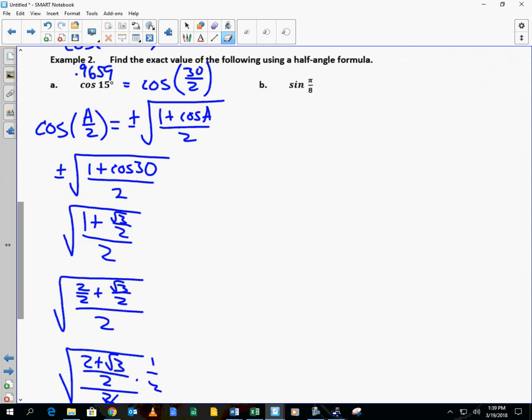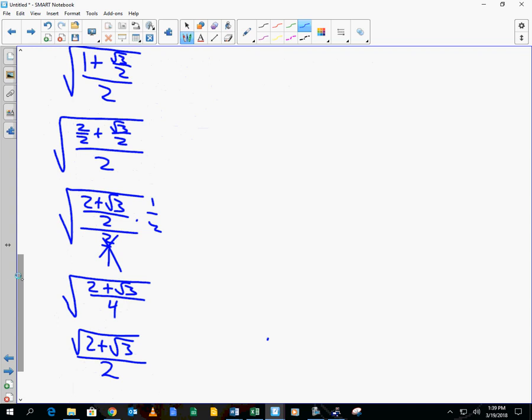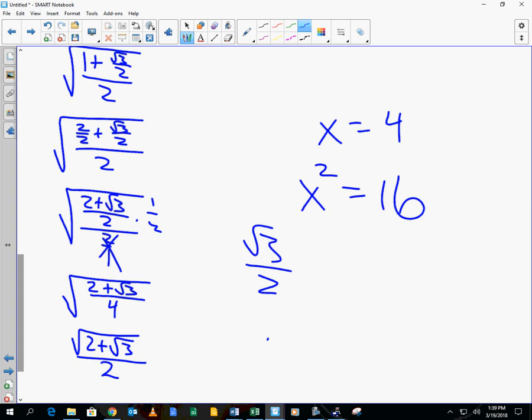Okay, here we go. No, you can't square. You got nothing to square. Oh my goodness, you guys, you're losing all sense of mathematics. X equals 4, square both sides. X squared equals 16. Yes, I still have a solution of 4, but you added an extra one. So suppose you say, square root 3 over 2, that's my answer.